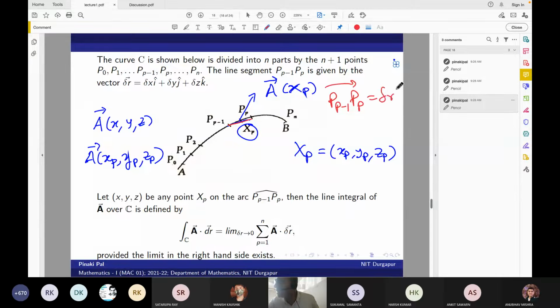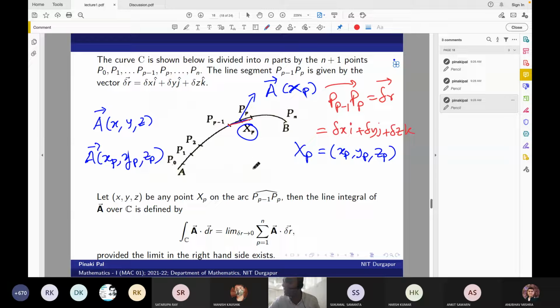This is equal to delta r vector, and it has three components, delta x i plus delta y j plus delta z k. So along this vector, let us take the component of A calculated at the point xp. And then you multiply the length of this interval with this. Then what we will get?